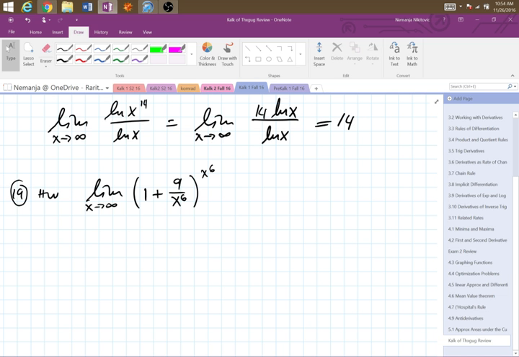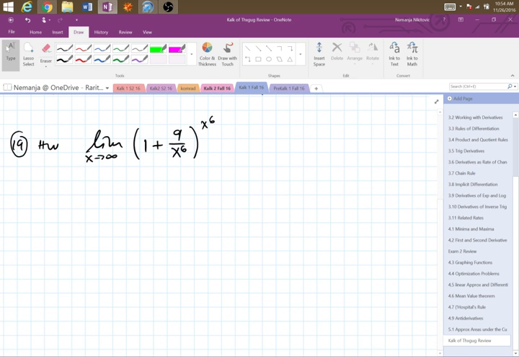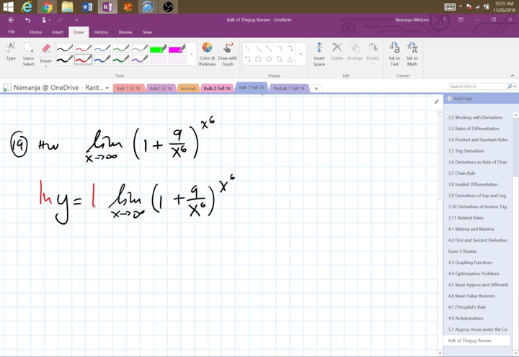So the way to do this limit would be to use the ln again. Y equals limit x goes to infinity 1 plus 9 over x to the 6 to the x to the 6. And then we put ln in front of both sides. We have ln y is equal to the limit x goes to infinity.